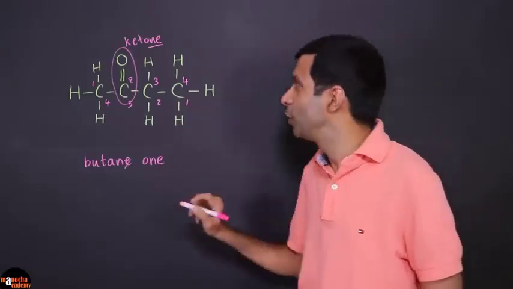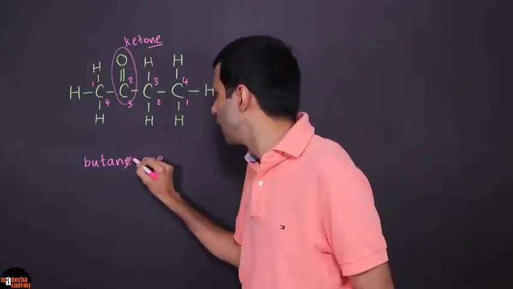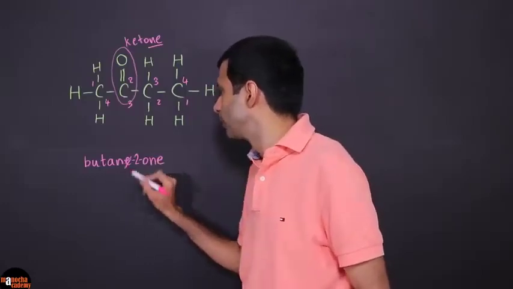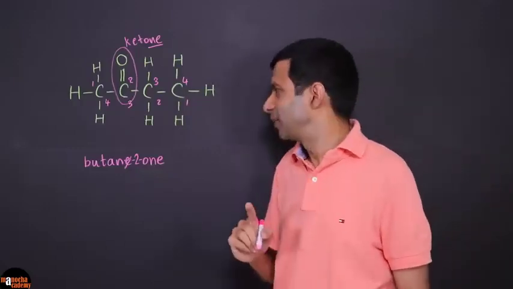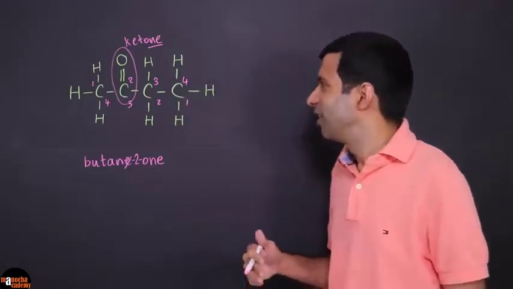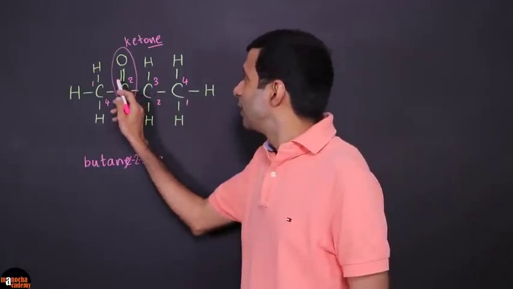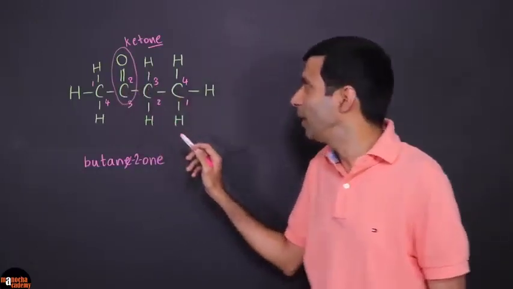And what is the position of the functional group? It's at position 2. So that will make it a butan-2-one, right? But there's something interesting here. If you write this name, it's probably fine, but strictly speaking, if I shift the double bond over here, then what will the name be?